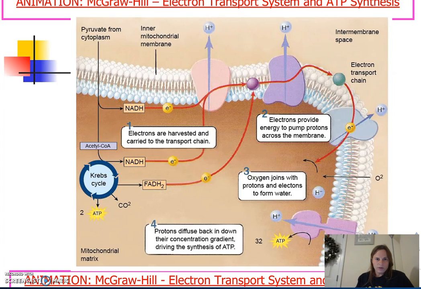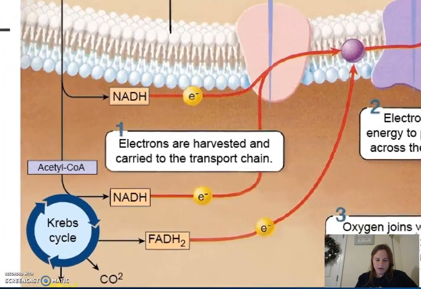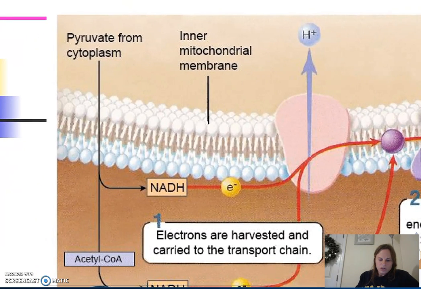Okay, so I'd like to focus on the top left part of this image. So can we make a note that pyruvate from the cytoplasm has gone through glycolysis, right? We got pyruvate from doing glycolysis. We oxidized glucose.